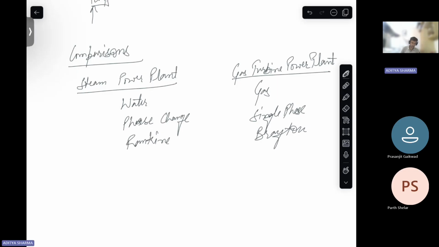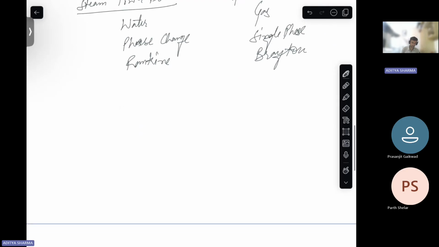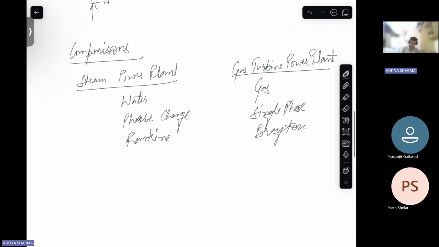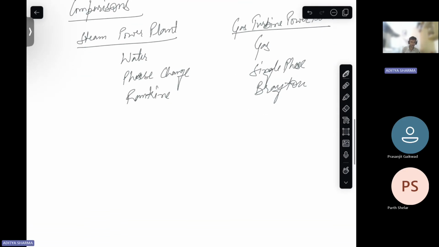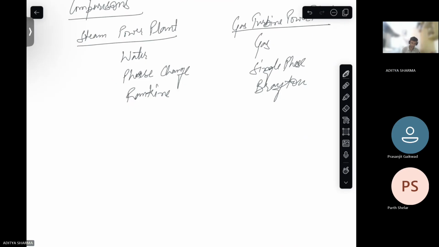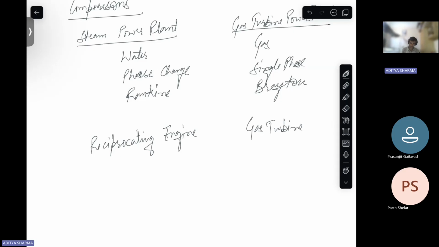So differences and comparisons like these have been drawn. Then for your reciprocating engine and your gas turbine power plant.